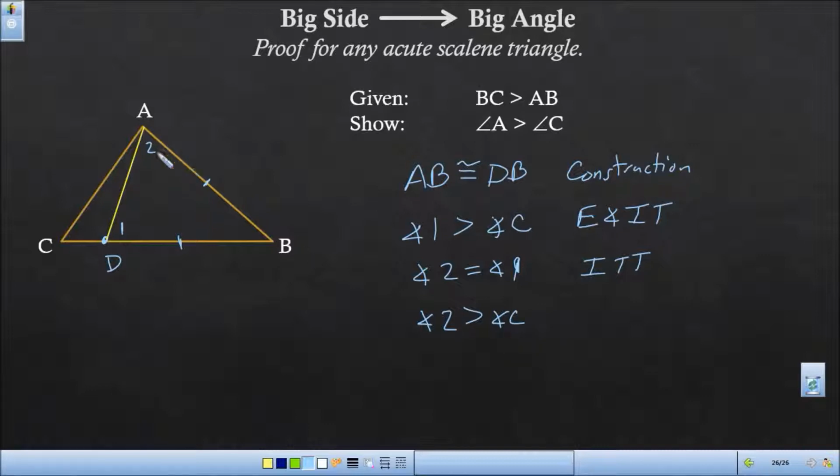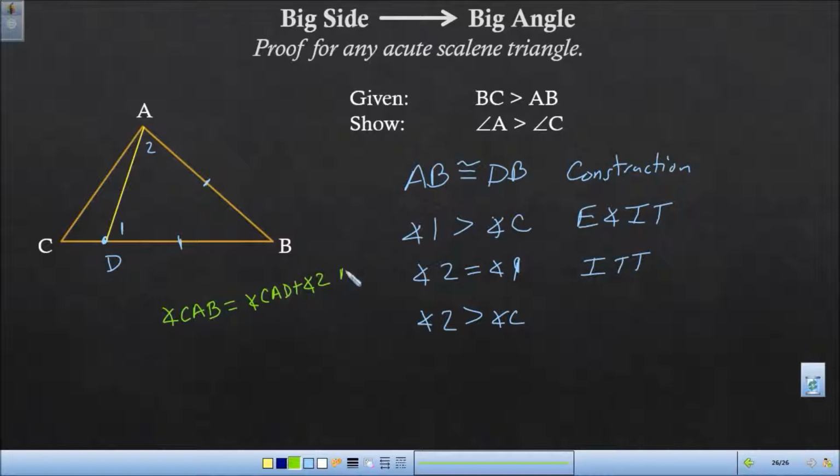But of course, we look at where angle 2 is at. Angle 2 is inside of this angle. So I'm actually going to write a little mini proof over here: angle CAB is equal to angle CAD plus angle 2.